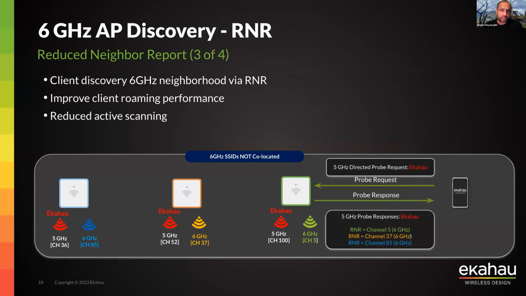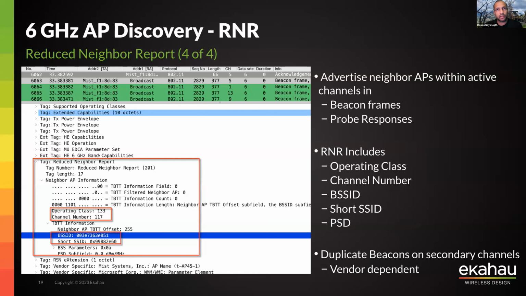That depends on the vendor implementation, whether you want to support this, but these are good use cases. In this particular example, the AP is beaconing on 6 GHz, on channel number 5. When it beacons, it includes the RNR element and tells the client there is another access point on channel number 117.